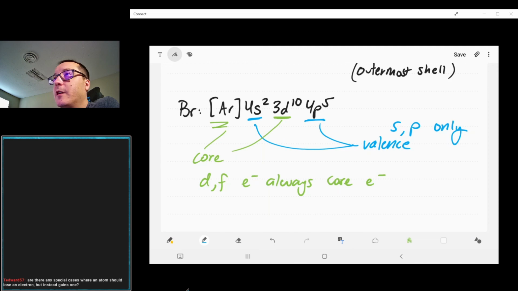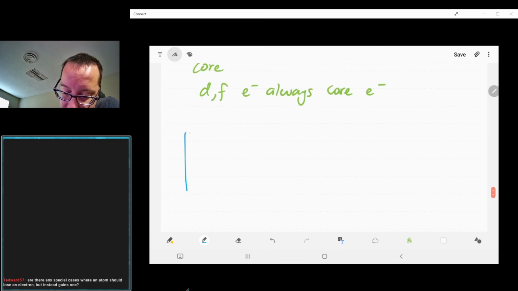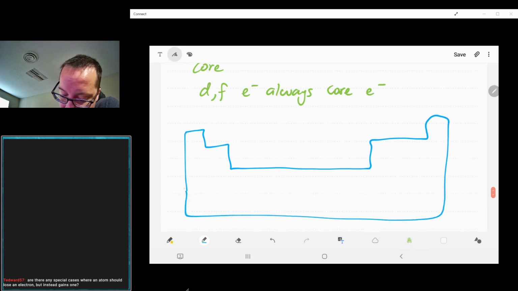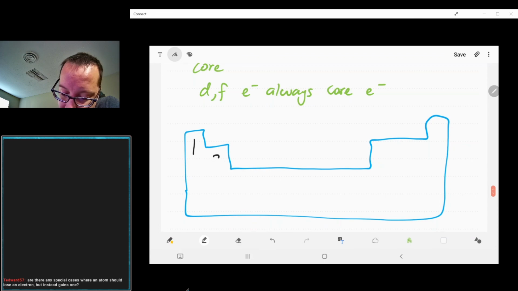All right, and so if you think about this bromine, we're going to see it has 7 valence electrons, 7 electrons in its outermost shell. And so if we look at our periodic table, we're going to see that these groups here will tell us the number of valence electrons.